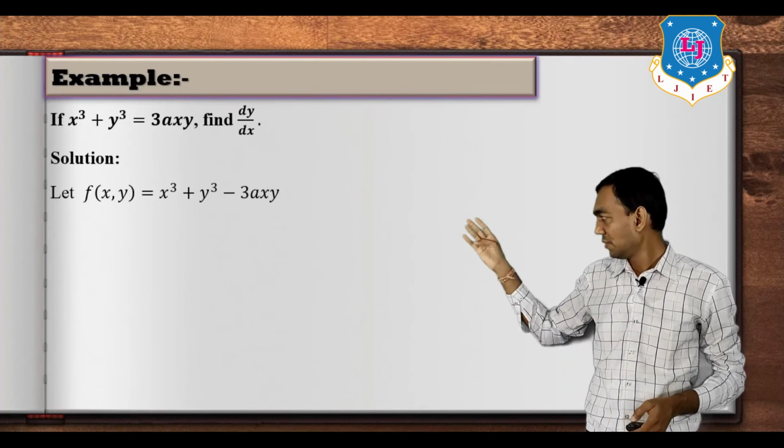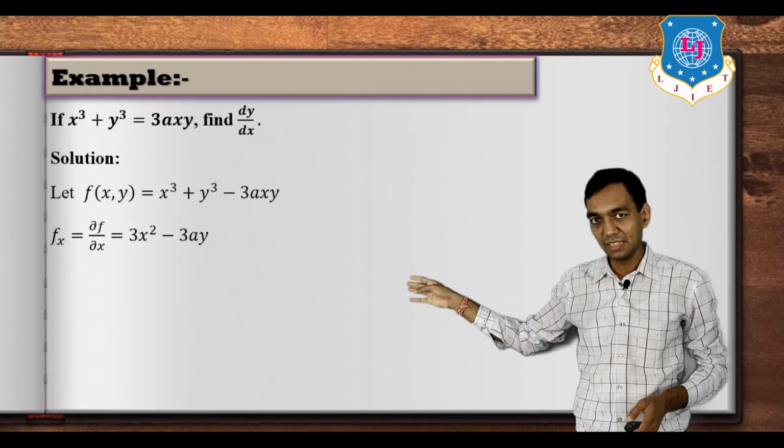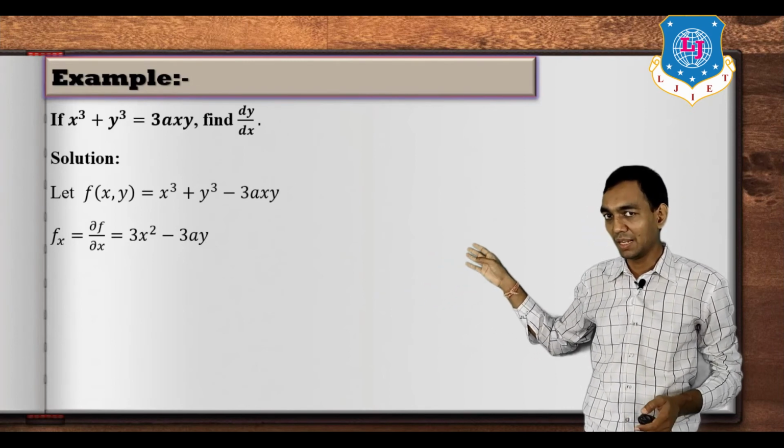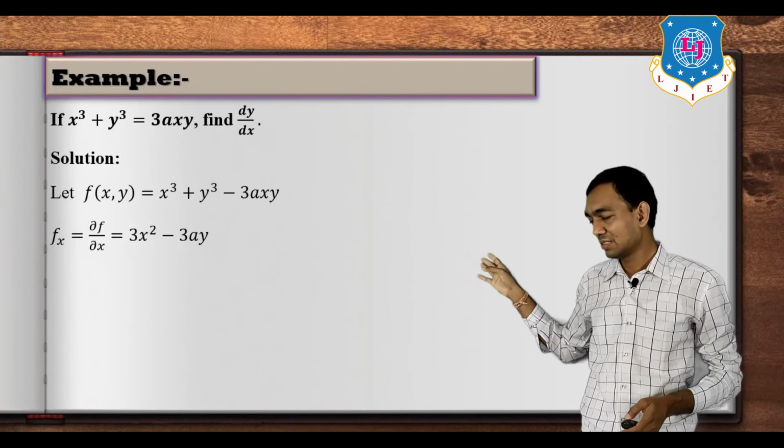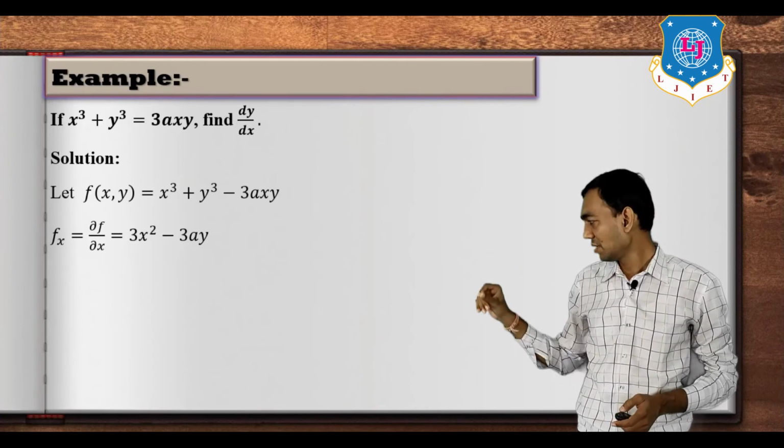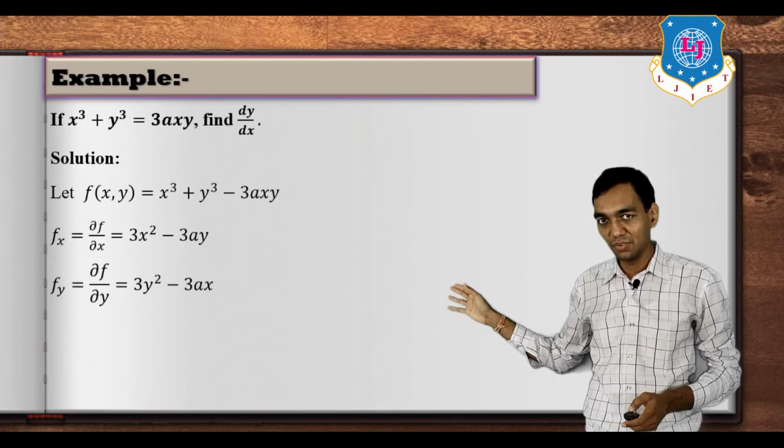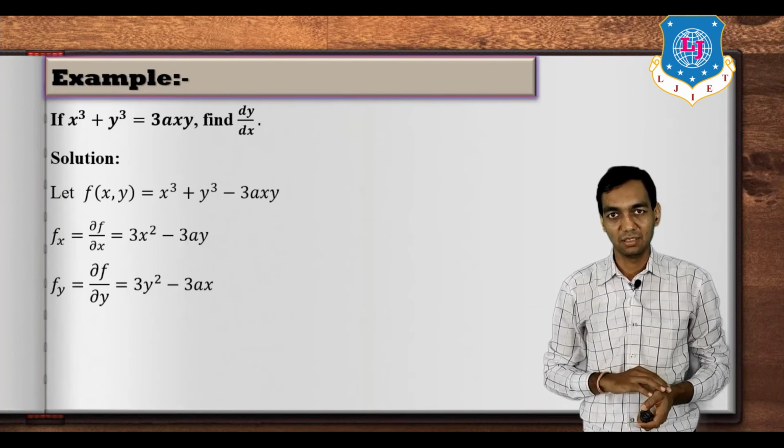Now first we are differentiating f with respect to x, that is ∂f/∂x is equal to 3x square minus 3ay, and in the same manner ∂f/∂y will be 3y square minus 3ax. Correct?